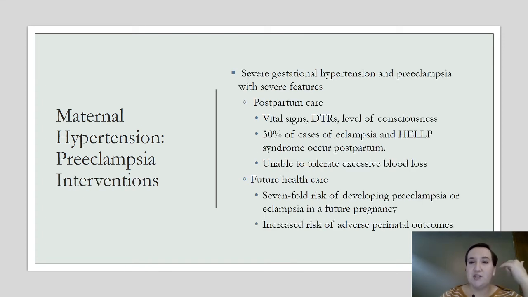So interventions postpartum, we do need to talk about that. Okay, so going back to that preeclampsia website, I can talk to you until I'm blue in the face that we need to be monitoring these patients postpartum.